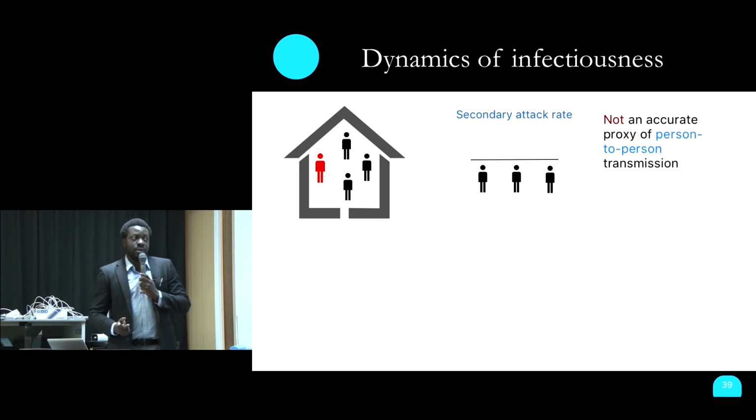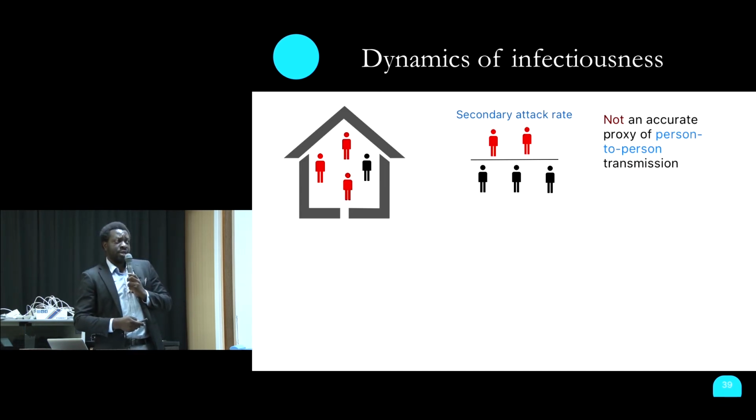And let's rule out the possibility that there is infection coming from outside. Everything is in a closed environment. So 2 people, among the 3, became infected. So the secondary attack rate is 2 divided by the total size, 3 of them. So out of the 3, 2 became infected. So this is the secondary attack rate.